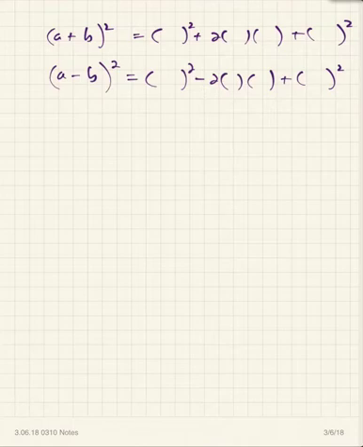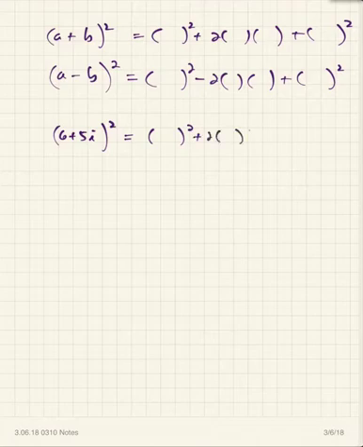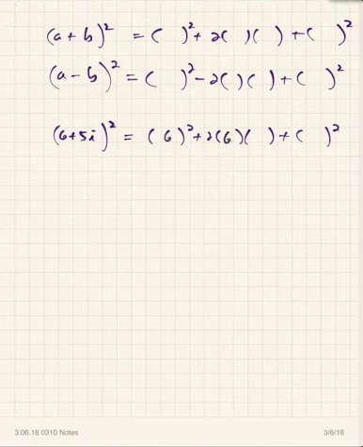So if you have 6 plus 5i quantity squared like that, if it's imaginary, it's still the same pattern. So that's what I would do, is I would just use this pattern to my advantage to multiply things like that out. These terms would be 6's, and these terms would be 5i's. All that's going to be different here is that you're going to end up using i squared equals negative 1 at the end of the problem.